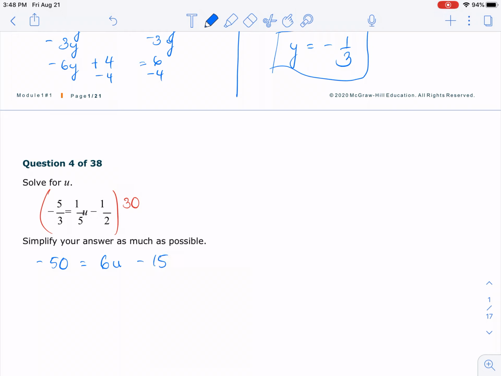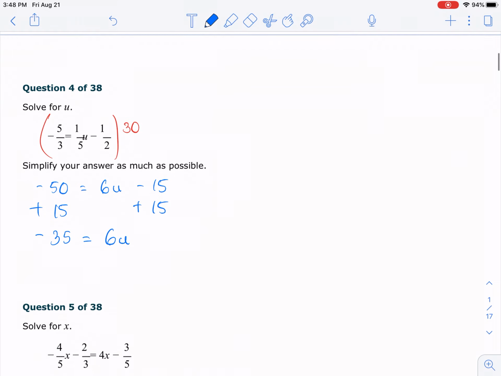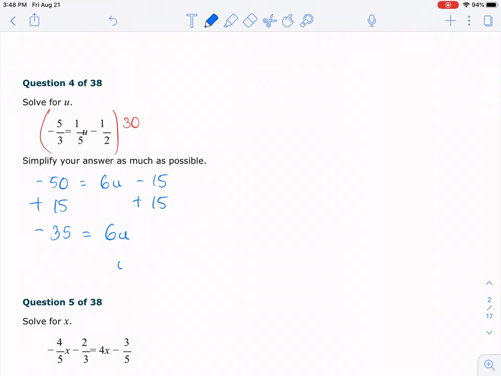So now we just proceed with the problem. I have 15 here. So we have negative 35 equals 6u. Therefore, u is going to be negative 35 over 6. And that's our final answer.